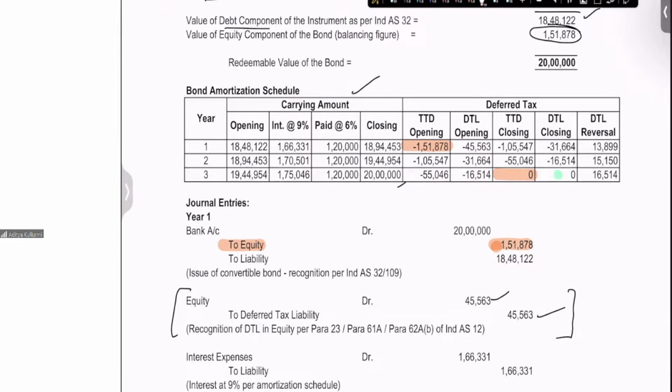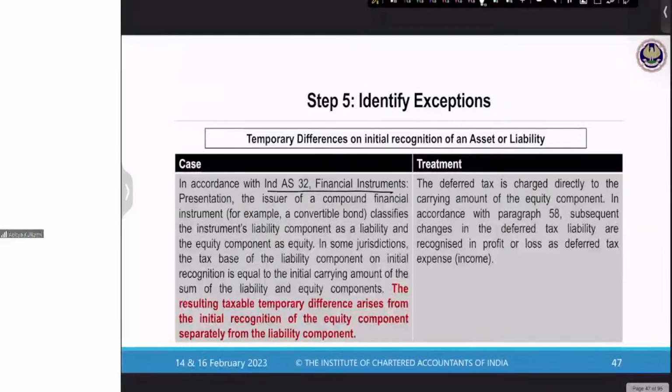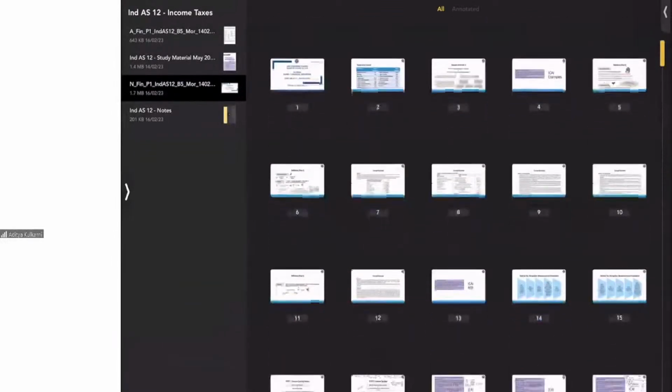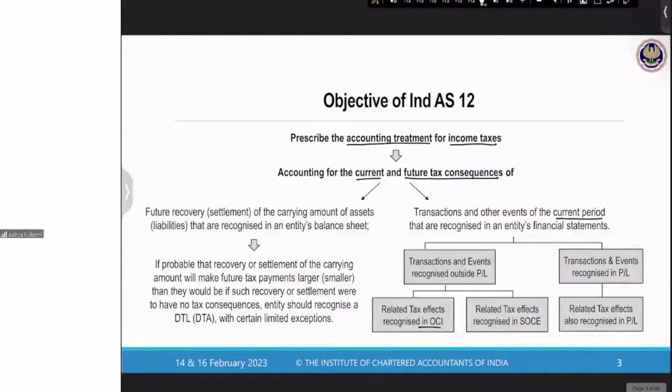Sir, so where will I recognize the deferred tax? I took you through it in the very first session. For transactions and other events of the current period recognized outside the P&L, the related tax effects go in OCI if the impact had gone in OCI.